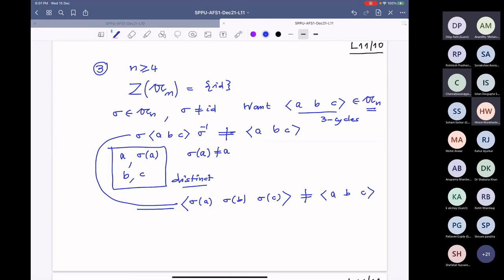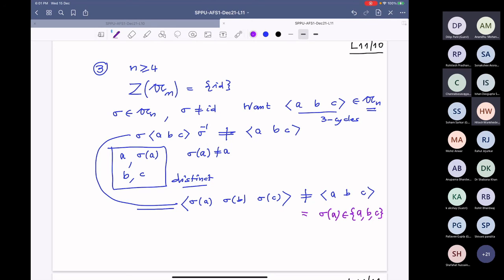If they are equal, their support should be equal. All these elements are moving. So therefore, if equality holds here, then sigma A should belong to this set ABC, in particular, because it is moving.